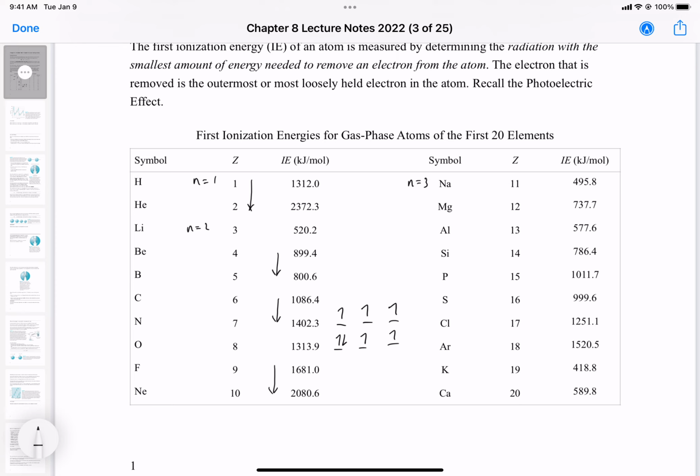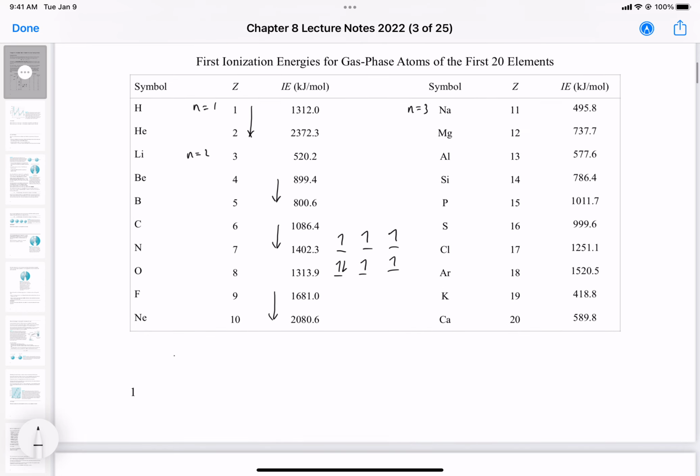So generally speaking, ionization energy increases across a row, when we go left to right. And then when we go down a period, so down a group, it generally decreases.